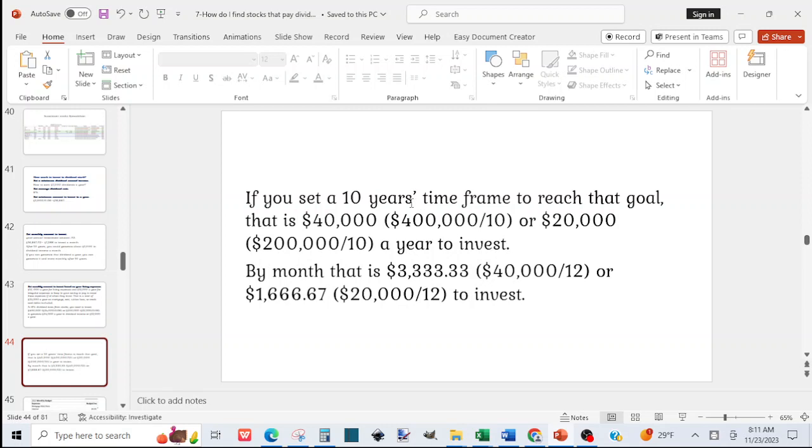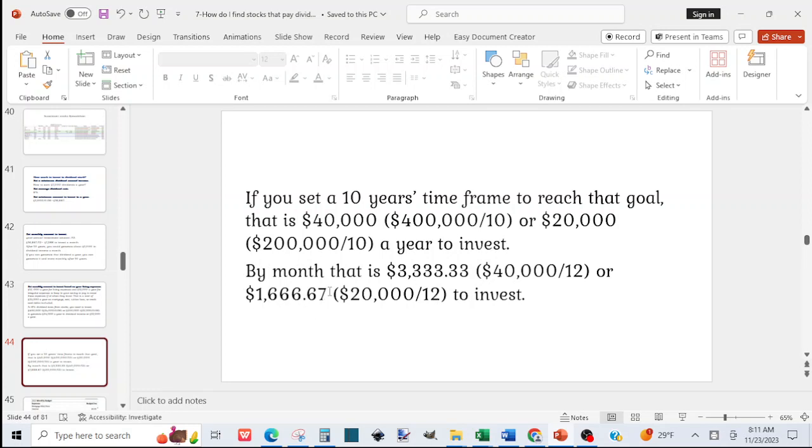And then you just set a time frame, and you want to break down the goal so that it is doable. You don't want it to feel like it's too much. So you can set a 10 year time frame by dividing the amount you need to have invested, to see how much you need to invest a year, and divide it by 12 to see how much you need to invest a month.